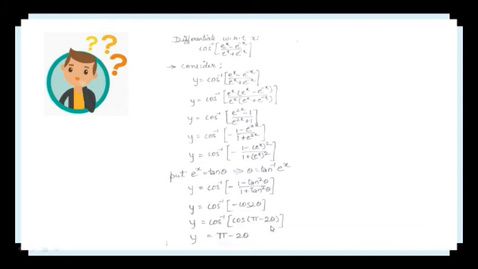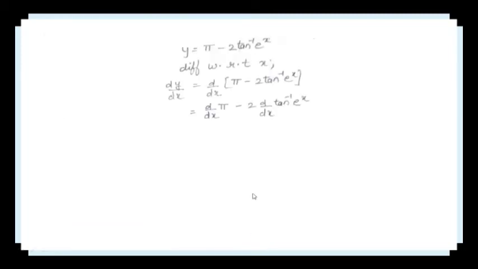Cos inverse of cos theta will be theta. So y equal to pi minus 2 theta. Okay, now we have to resubstitute the value of theta as tan inverse of e raised to x. Don't forget to resubstitute the value of theta. So y equal to pi minus 2 tan inverse of e raised to x.